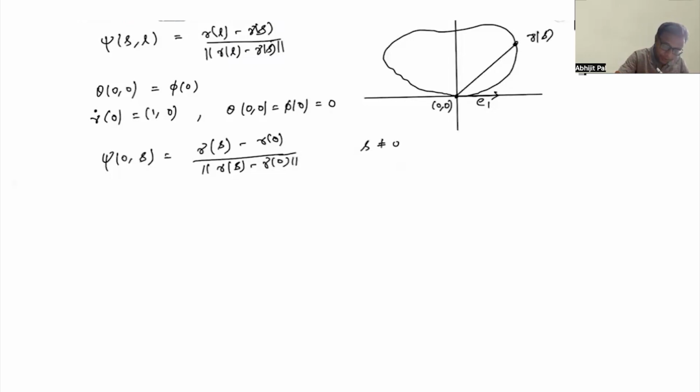If I do that, I'll get a unit circle, something like this.